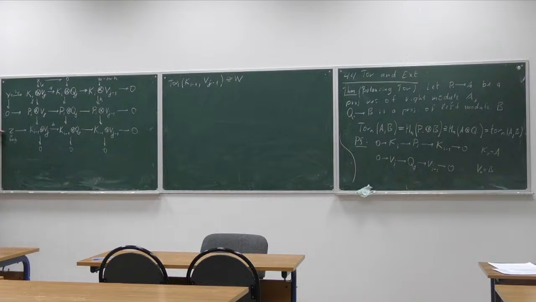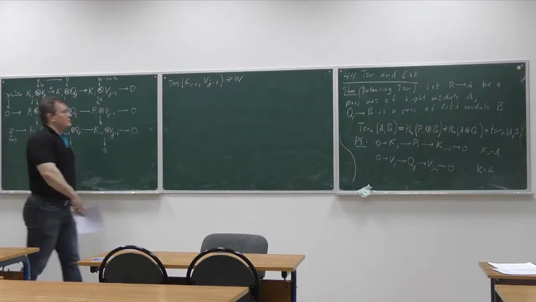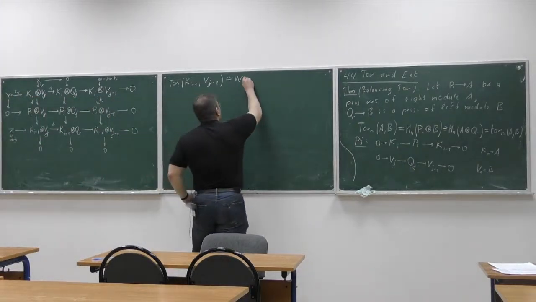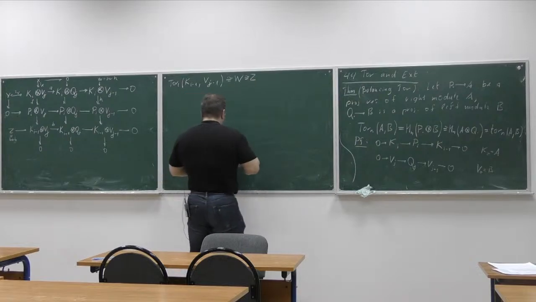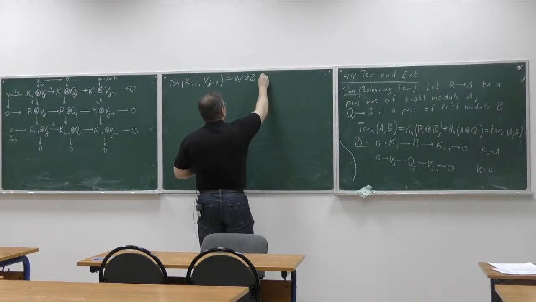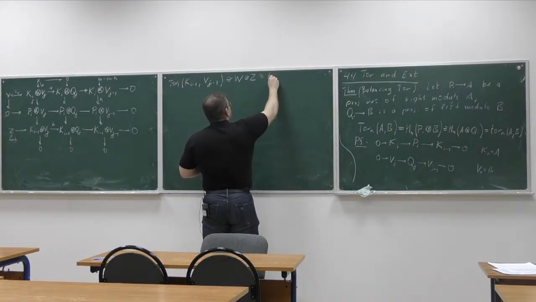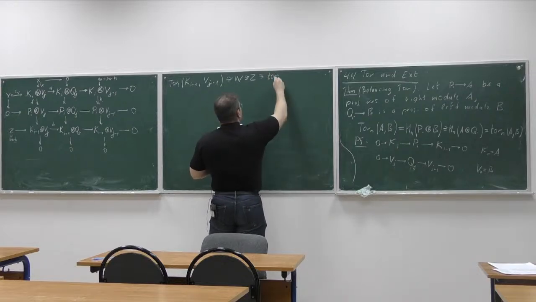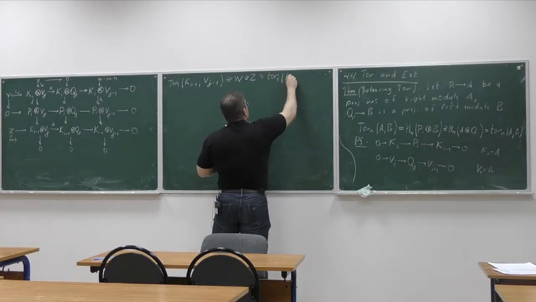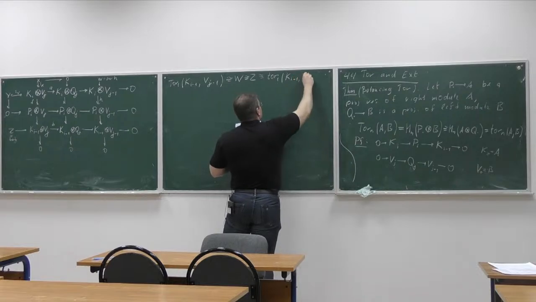Now I can do the same for Z and this exact row. So two claims here. First of all, W is isomorphic to Z. Let's postpone this for a minute. And the second claim is that Z is the little Tor of K i minus 1, V j minus 1.